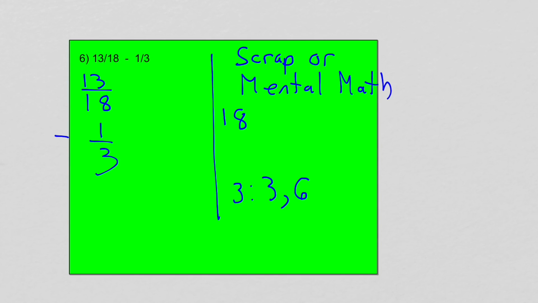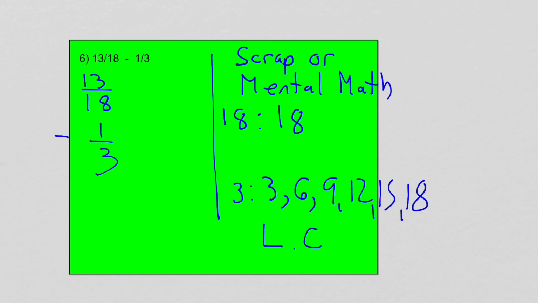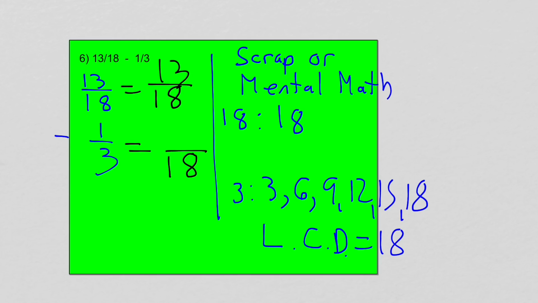So I'll go 3, 6, 9, 12, 15, 18. And the first multiple of 18 is 18. So there's my lowest common denominator. It's 18. Take both fractions and write them with lowest common denominator, 18. 13 over 18 doesn't change.